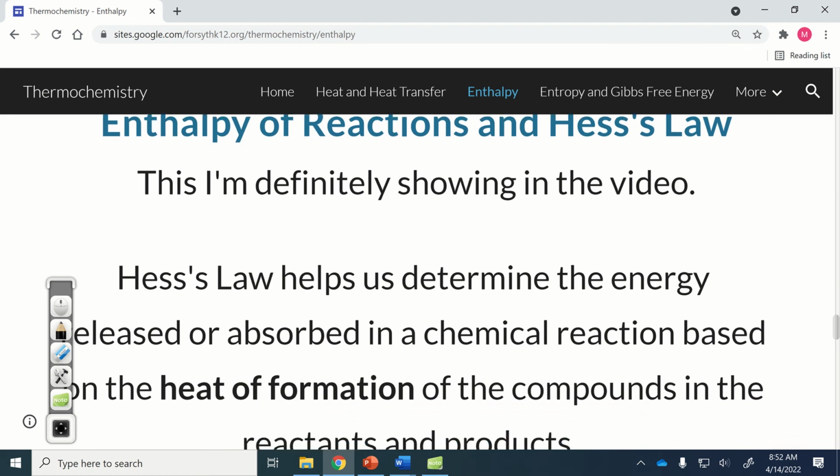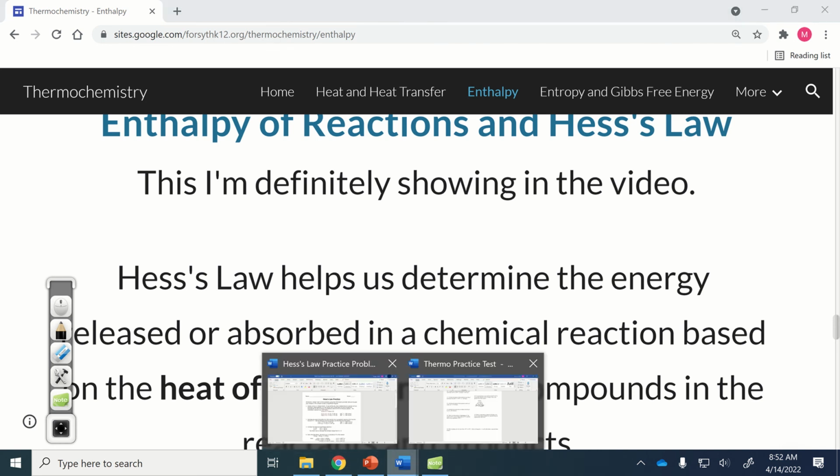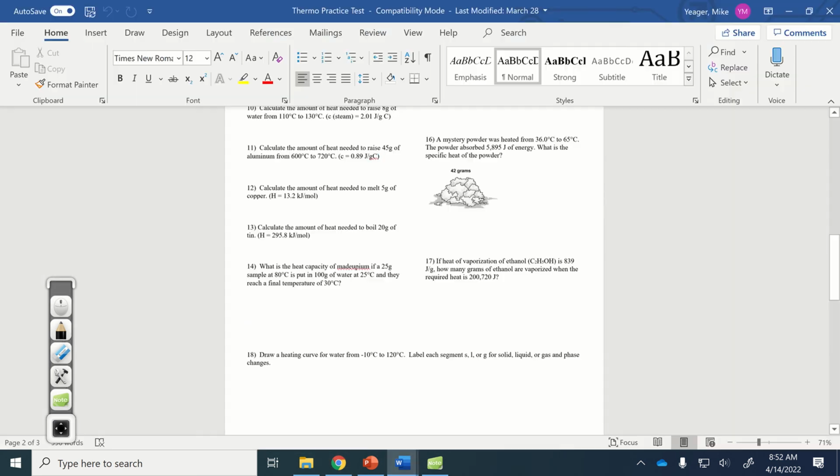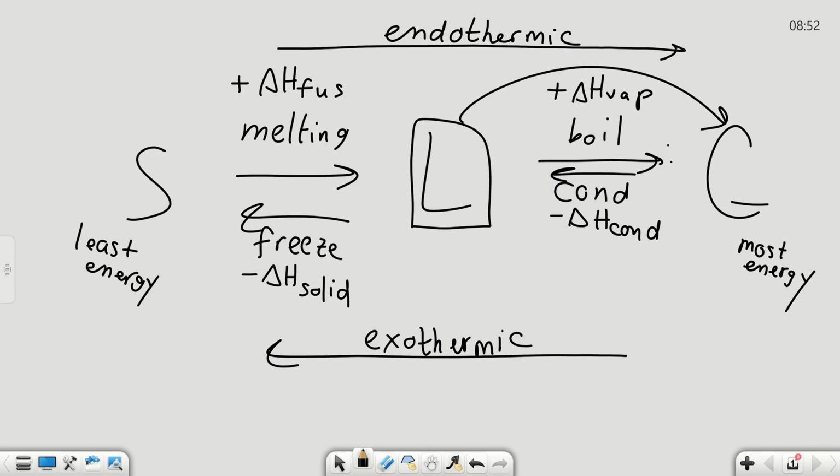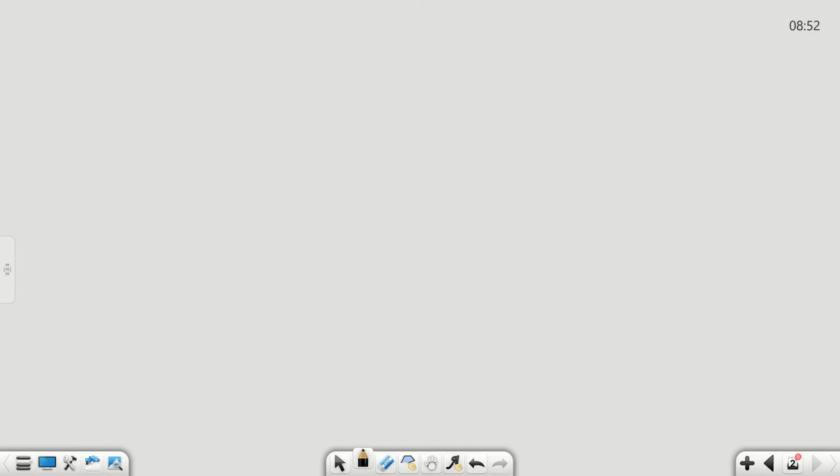So let's actually do a couple problems with that before I jump to Hess's law. You know what? I think I'm just going to make up the problem. Let's just keep life easy. Let's say 36 grams of water that's solid, and I want to melt it.